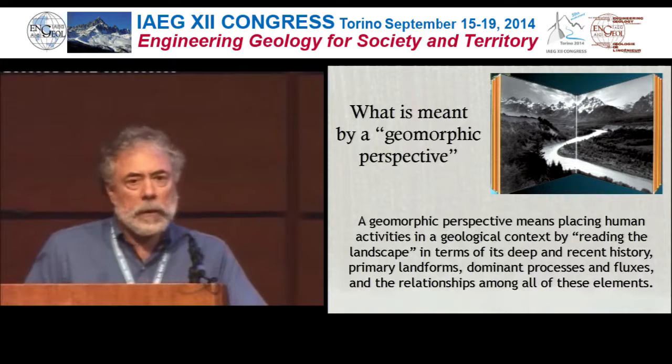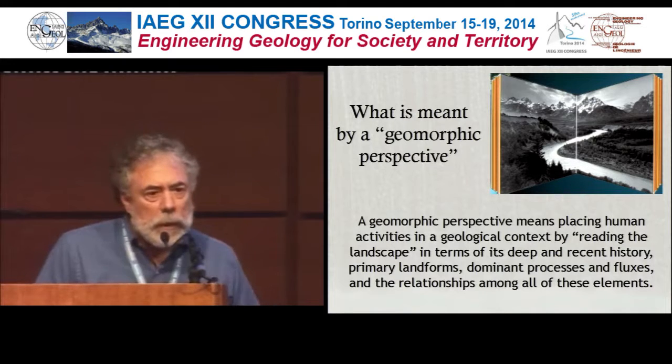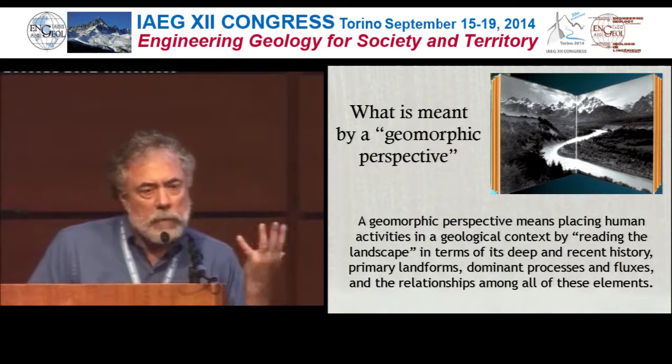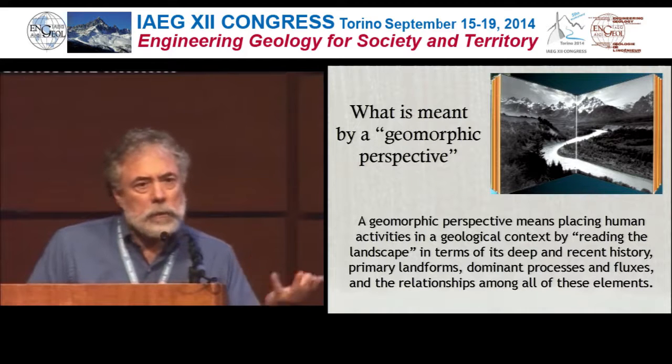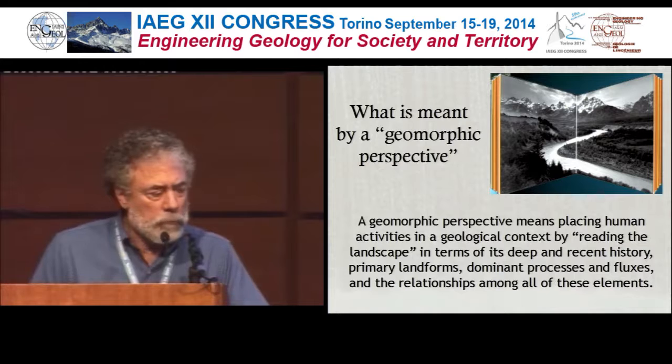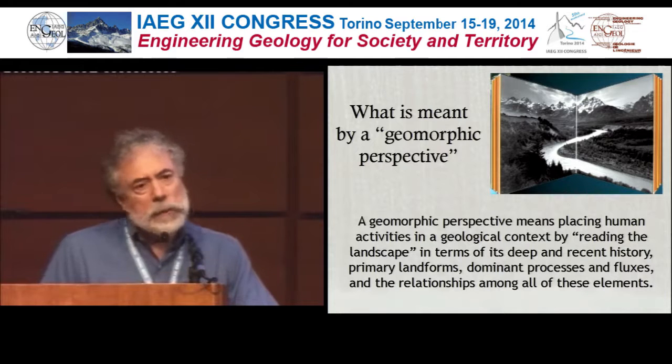So that's what I mean by a geomorphic perspective. It brings our understanding of underlying process and form directly to bear on the problem of an integrated approach to river management. Why do we need such a perspective?